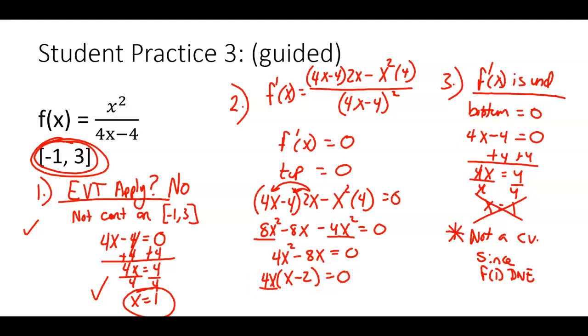If I set this equal to 0 and solve, I get x equals 0. If I set this equal to 0 and solve, I get x equals 2. Okay. So we have two critical values on this interval. We had a third one, but we threw it out because it was a place where my function is not defined. All right. So now we're ready for steps 4 and 5.